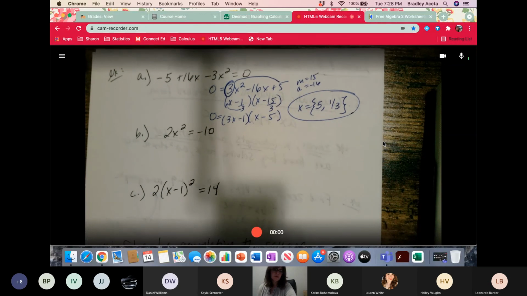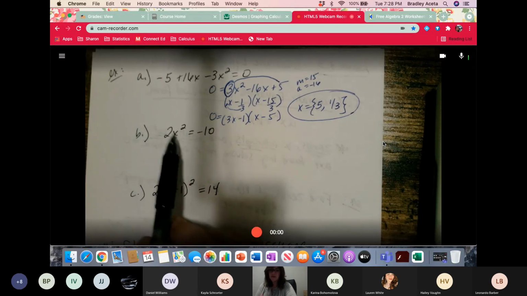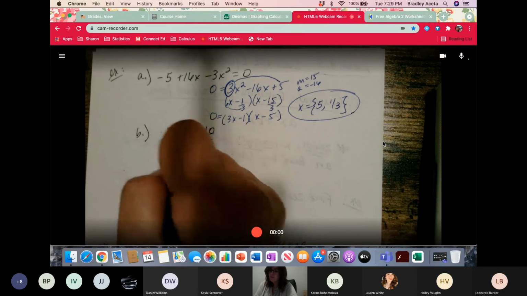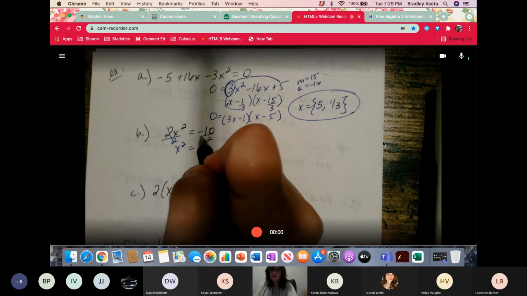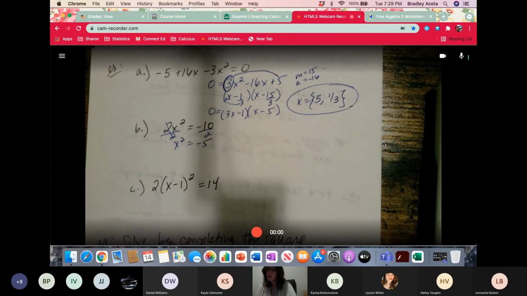What about this one? 2x squared equals negative 10. There are a couple of ways to do it. Sometimes when I see no other x term, when it's just x squared and then equals a number, I just divide by 2. x squared equals negative 10 divided by 2, which is negative 5. Oh, and this goes back to a section we did a while ago.